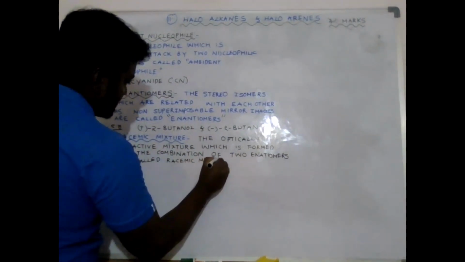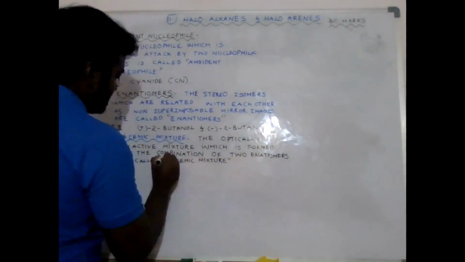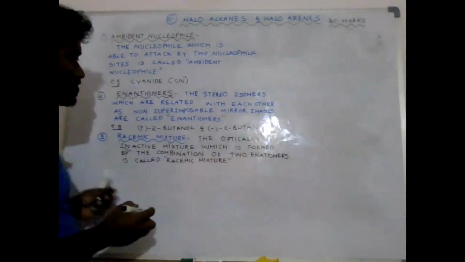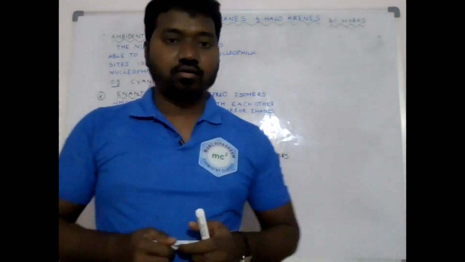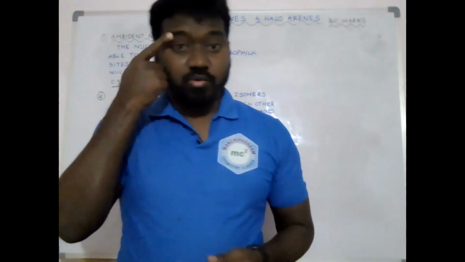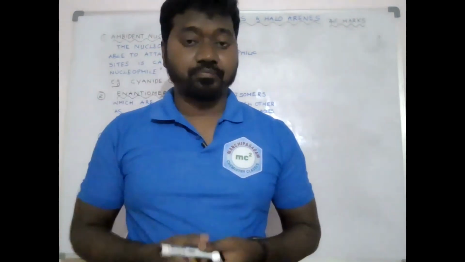I will tell what is optically active and optically inactive. Racemic mixture means both of them are combined. Two enantiomers are combining, and that mixture is called racemic mixture.